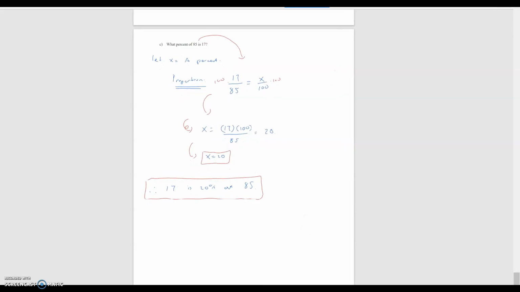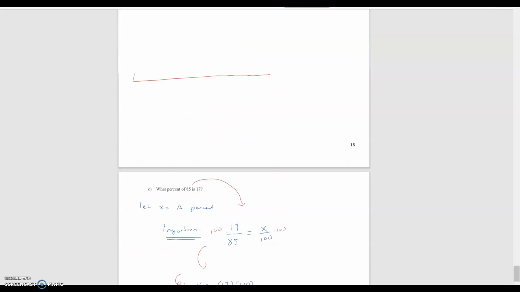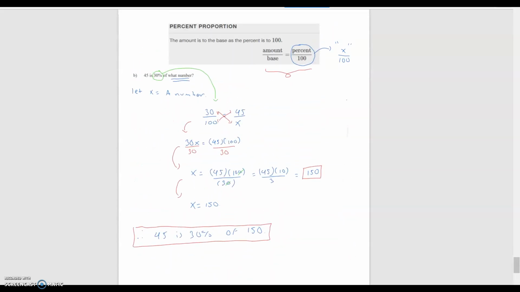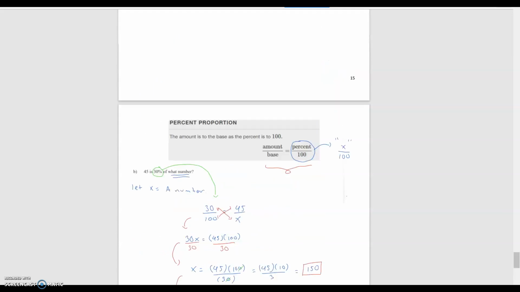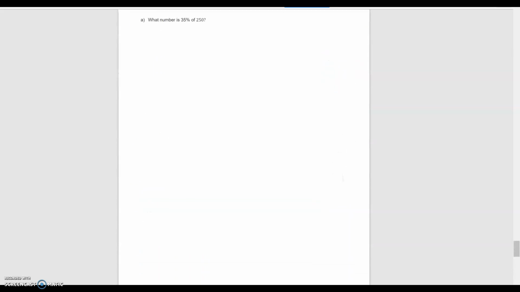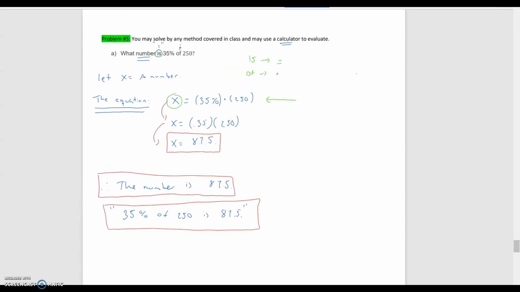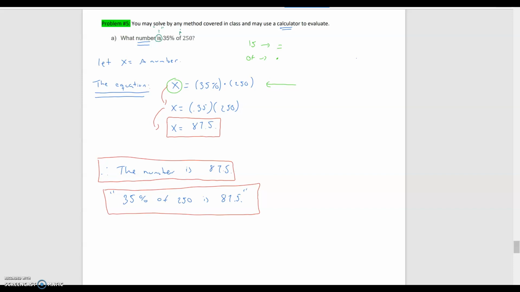This is just another tool that we could use. The majority of problems will work perfectly fine as we set them up as an equation. For example, like we did problem A, which I have on a different file, the regular equation would work perfectly fine. So that's it for these set of problems.